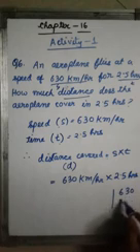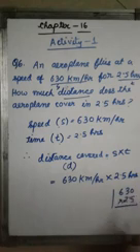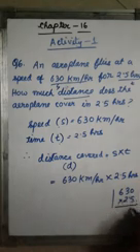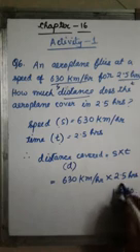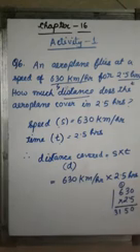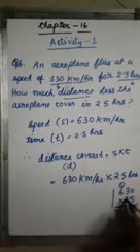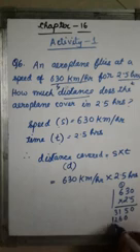So 630 into 2.5, you know the multiplication of decimal numbers. 5 into 0 is 0, 5 into 3 is 15, 5 into 6 is 30, plus 1, that is 31. 2 into 0 is 0, 2 into 3 is 6, 2 into 6 is 12.